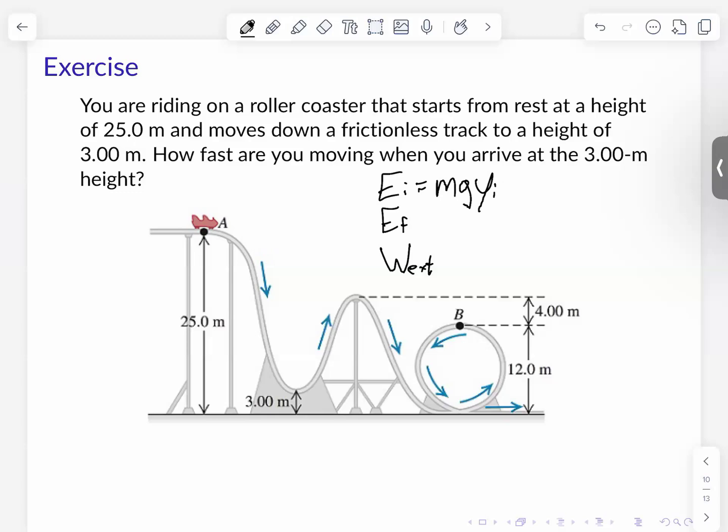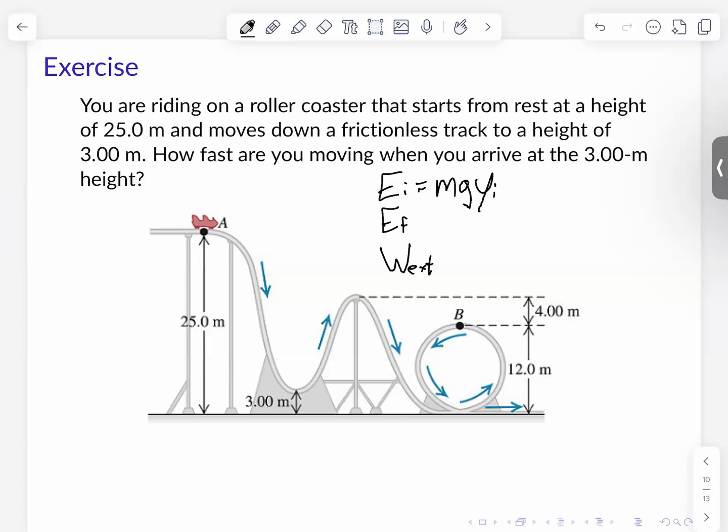What about the final? Now you're down. You're at the 3-meter height. What kind or kinds of energy do you got? This should not be hard. Is it moving? You betcha. Is there height energy? Yes, a little. That's it. That's all the forms of energy that we've got so far. And if it's a frictionless track, there's no internal.